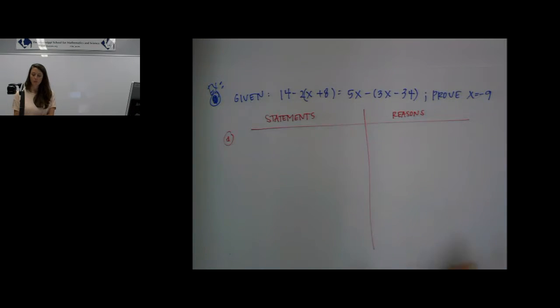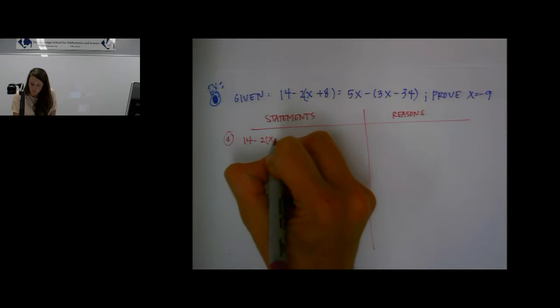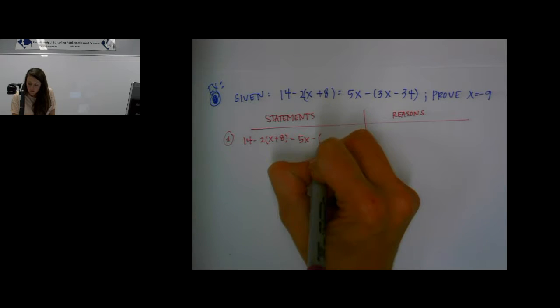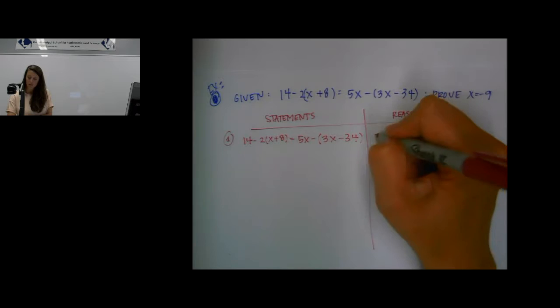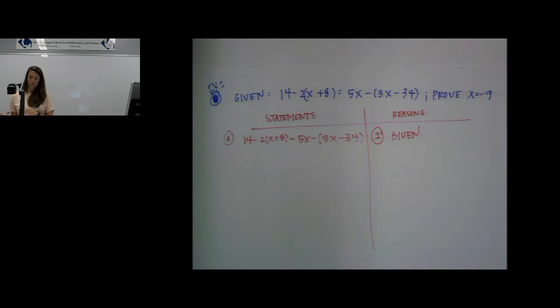Okay, so remember the first thing that we do is write out the entire problem. That one's easy because it is given to us. So the reason that is our starting point is because that was given to us.